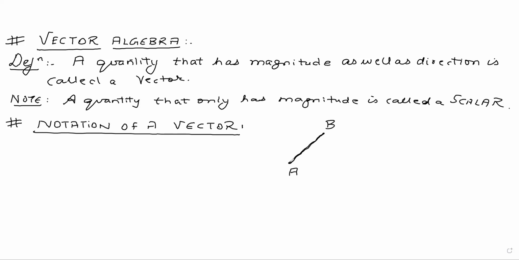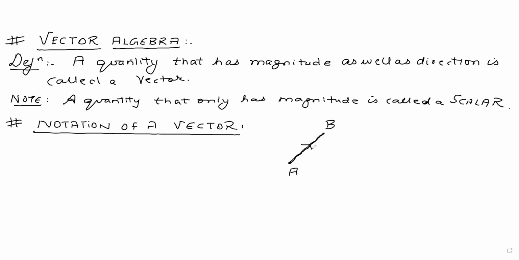Now you can see as we are moving from point A to point B, there is a magnitude attached to it. There is also a direction. Now, which direction is this? You can see from point A to point B, it is the northeast direction.